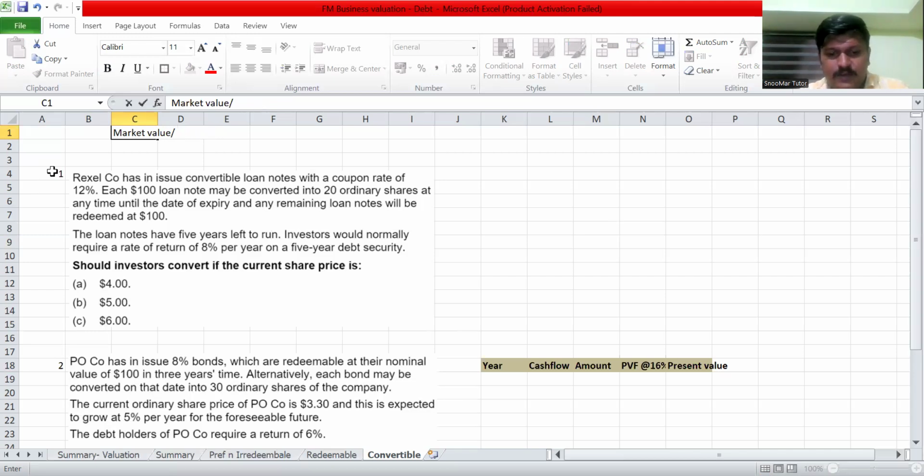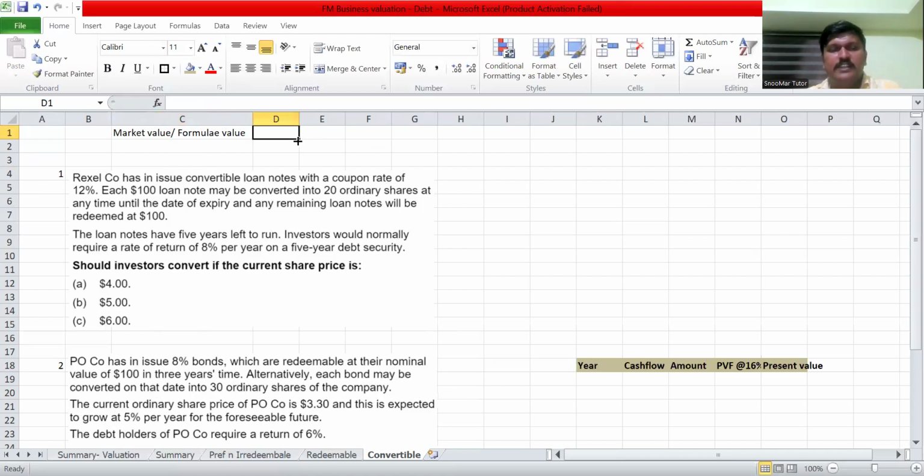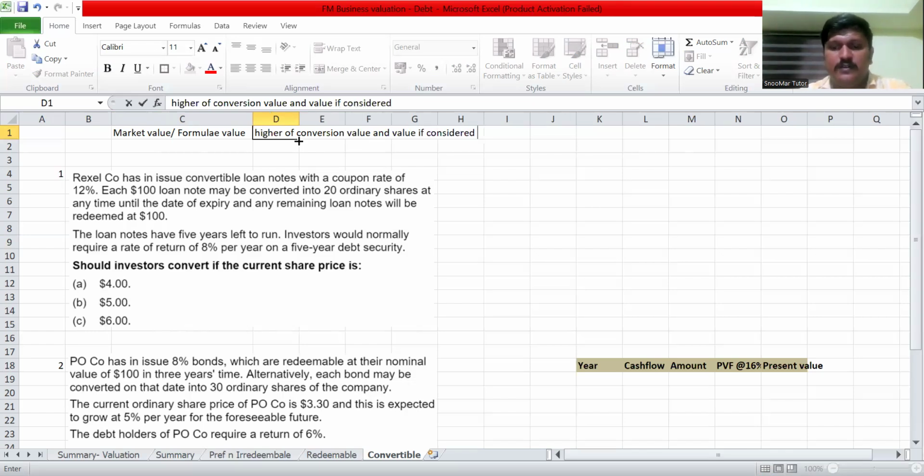So market value, or formula value, is one thing you need to calculate, and it is nothing but, as we mentioned in the summary sheet, the higher of the conversion value and the value if considered only as a debt. So this is what you have to consider.